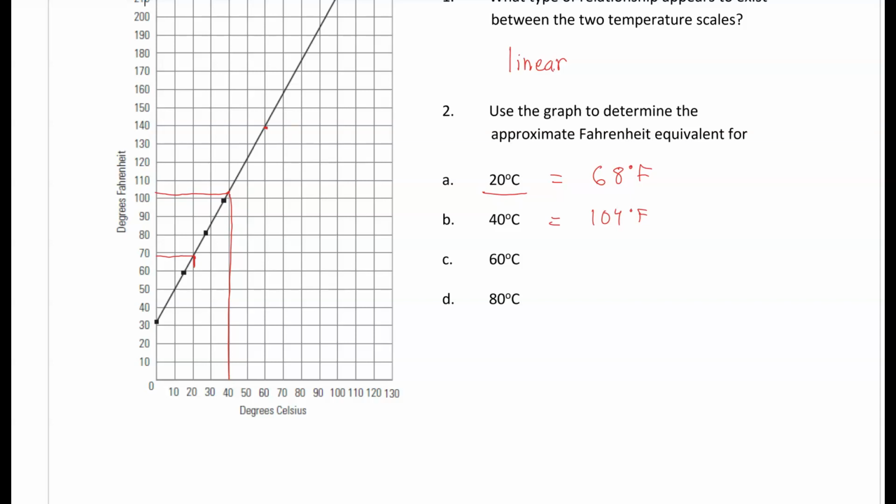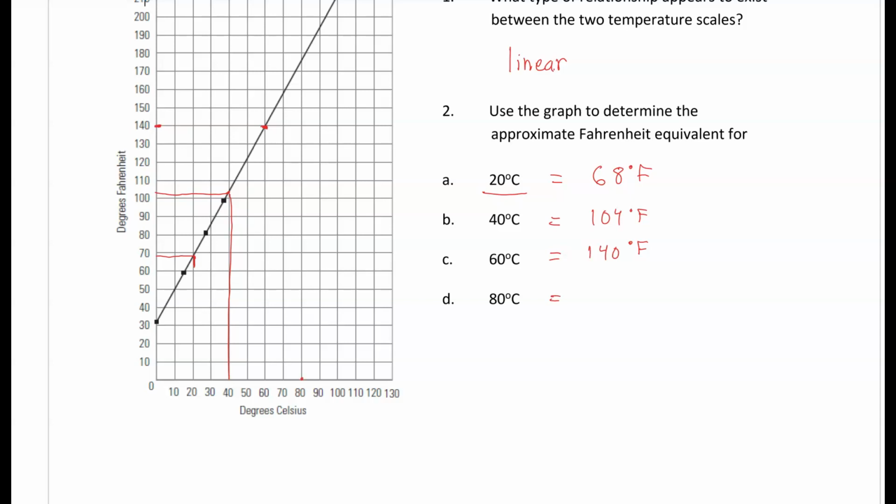And then we want to go straight across. Well, that's pretty much right on that line there. So it's going to give us approximately 140 degrees Fahrenheit.